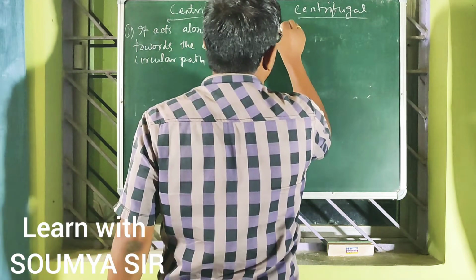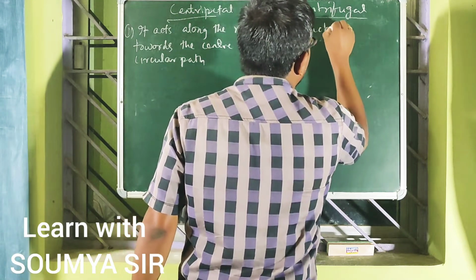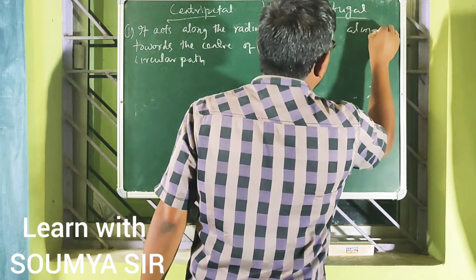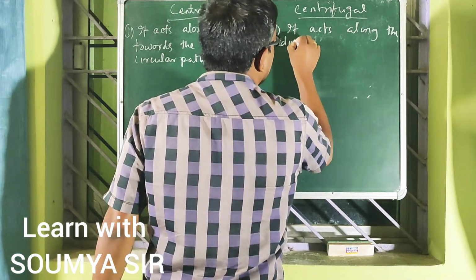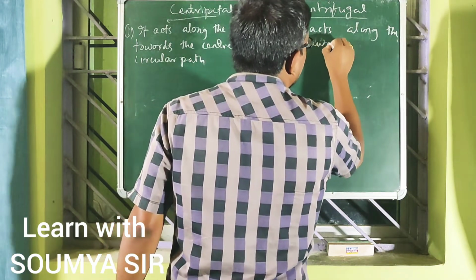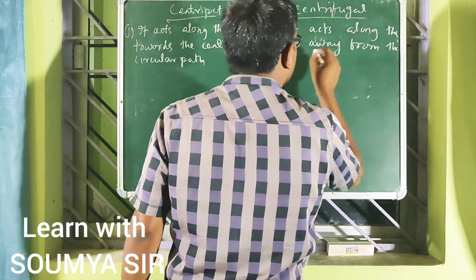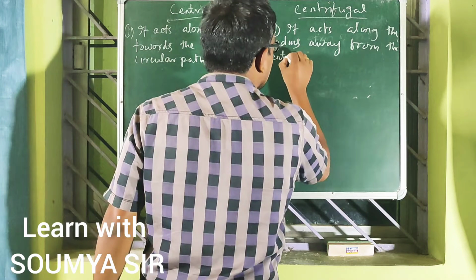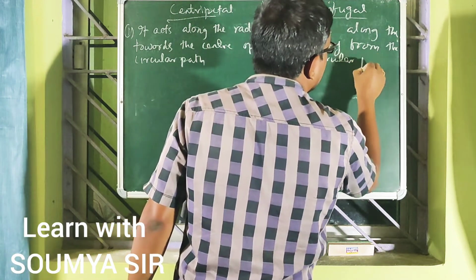Number 1, centrifugal force acts along the radius away from the center of the circular path.